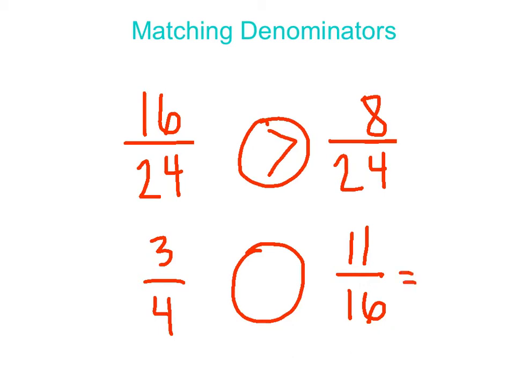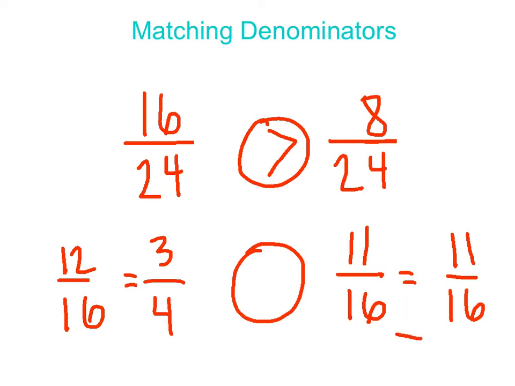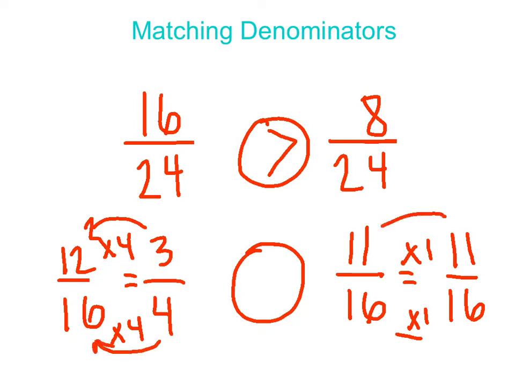For instance, this one is going to stay the same, and this one is going to be 12/16, because I multiplied by 4 on the bottom, and multiplied by 4 on the top. This would be after you had done your little least common multiple chart, knowing 16 was the least common multiple between 4 and 16. I took a shortcut, but yes, you want to do that least common multiple step.